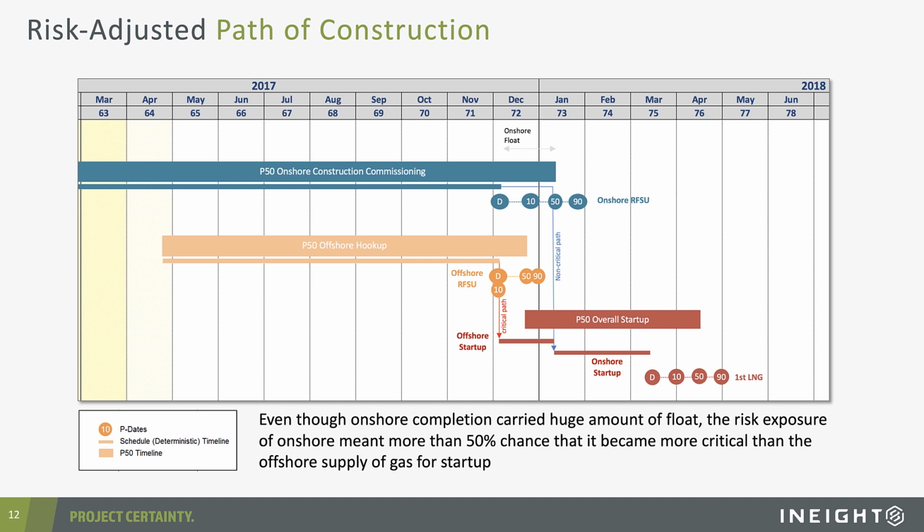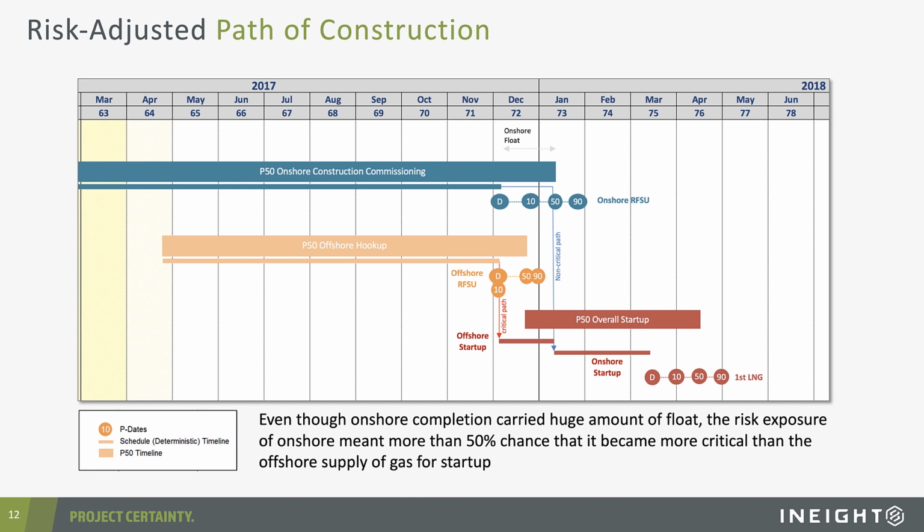And what's interesting is that offshore hookup campaign actually feeds into an offshore startup sequence. That offshore startup sequence has to be completed alongside the onshore commissioning in order for the onshore startup to happen. So there's really two parallel scopes of work, the onshore scope, the offshore scope, both of those are needed before we can actually do the onshore startup.